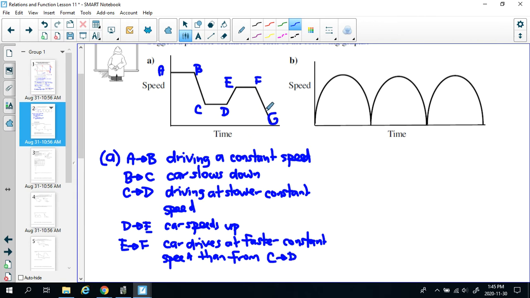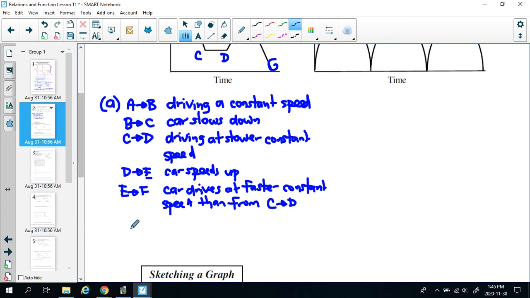Okay, and then F to G would just be the car actually slows down and it comes to rest, because at the very end, the graph actually hits the x-axis. So I could just say from F to G, car slows down to rest.